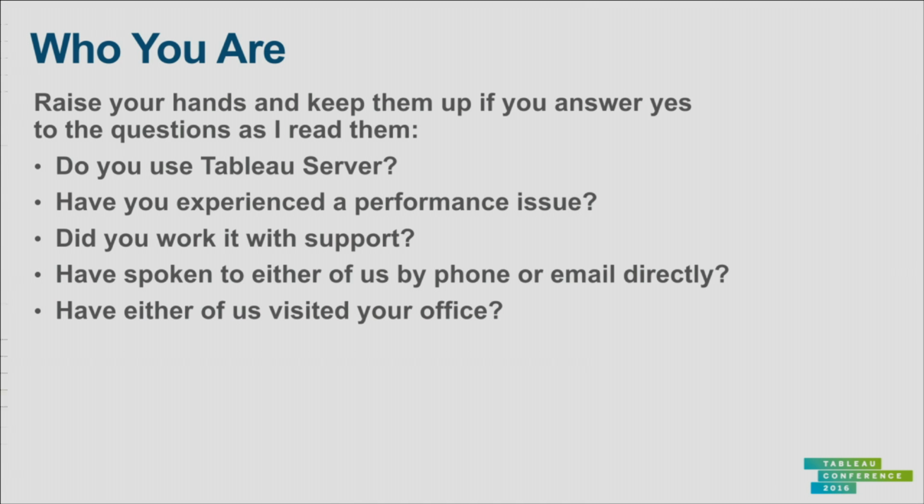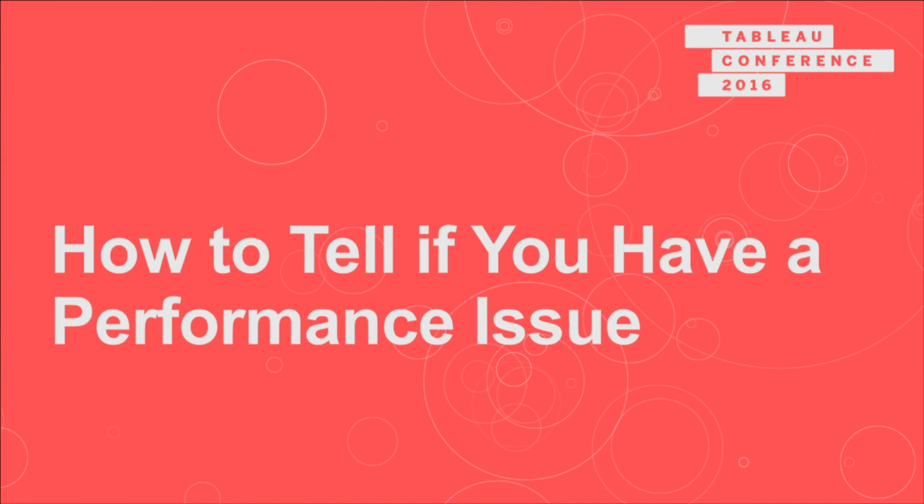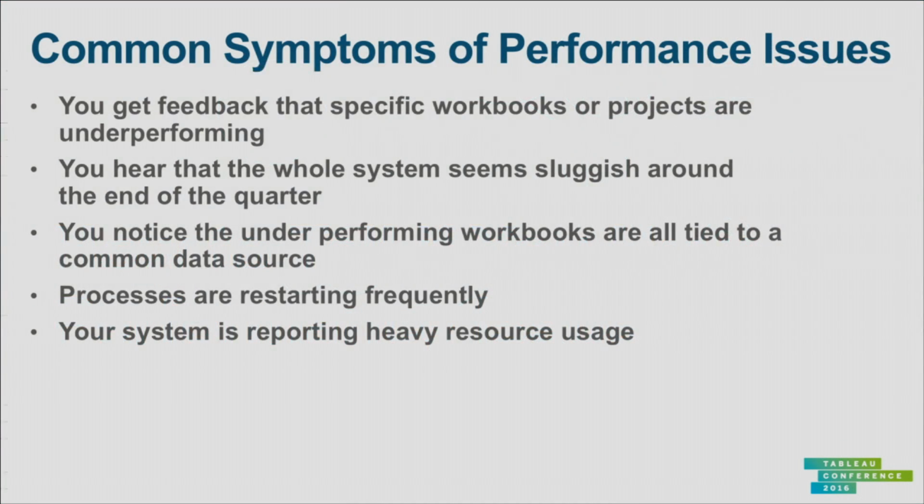All right, so moving along. We want to start with how to tell if you have a performance issue. This is going to be the first step. The common symptoms: the first one I most hear when I get a report from customers is that they're hearing it from their user base. Maybe a specific workbook is not functioning as fast as they want, or a specific project is underperforming.